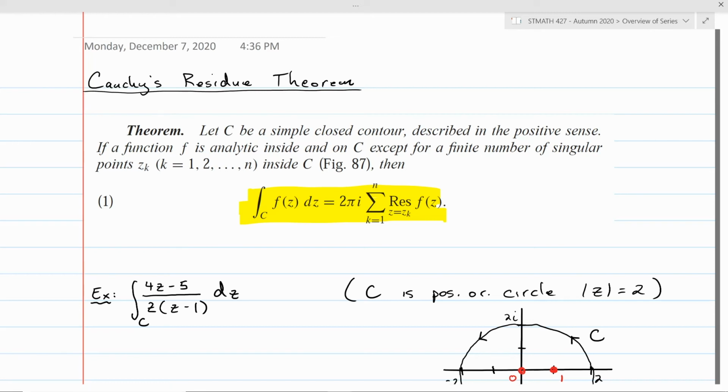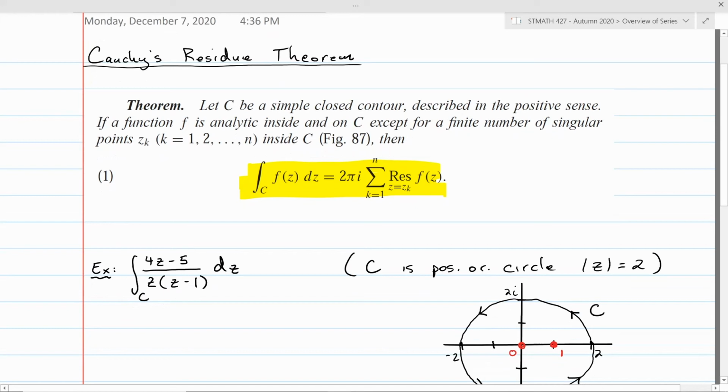It's very similar to what we were just previously doing, except in the previous example there was just one singularity that we were integrating around, so we didn't have to think about summing things up. But if your curve is going around a bunch of these singularities, then you can just do the residue at each of those places. So that means finding a series expansion centered at each of those singularities and then using that to get the residue. Let me give you an example.